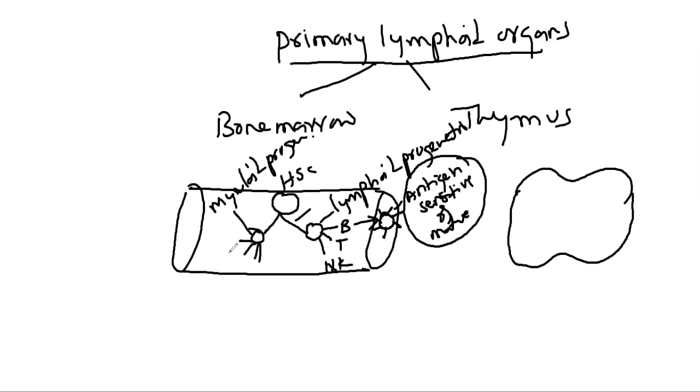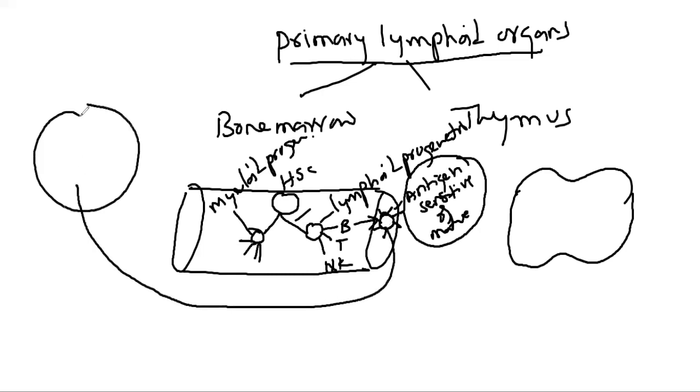After the maturation, they enter the bloodstream. From there, they reach the secondary lymphatic organs where they can recognize the antigen if present. So they become active B lymphocytes.